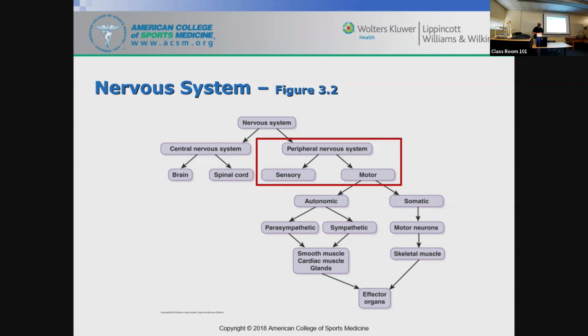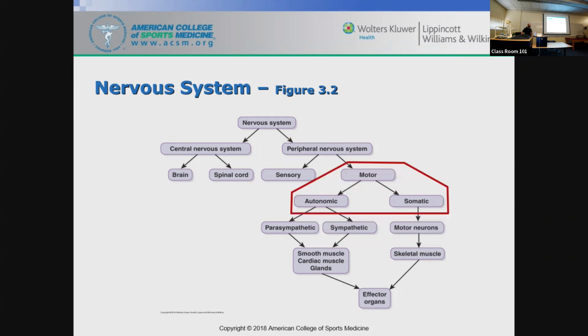Then the motor is the stuff that is going out. The information going out to the muscles, going out to the organs, to do what they need to do. And the motor is separated into two.